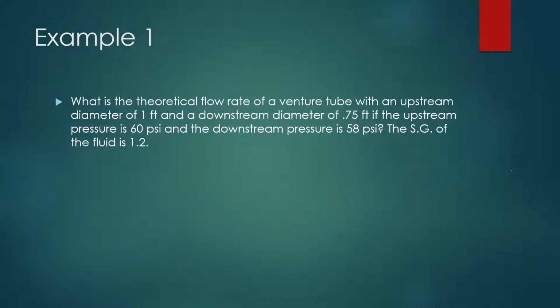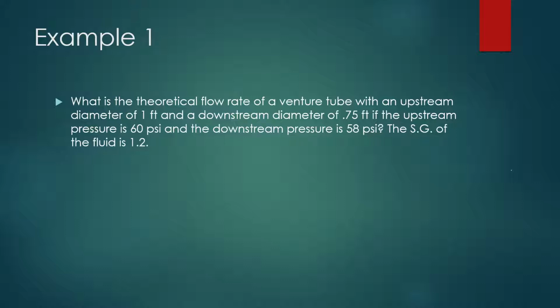All right, so a couple of examples here. What's the theoretical flow rate through a Venturi tube with an upstream diameter of 1 foot and a downstream diameter of 0.75 feet, if the upstream pressure is 60 psi and the downstream pressure is 58 psi, and the specific gravity of the fluid is 1.2?